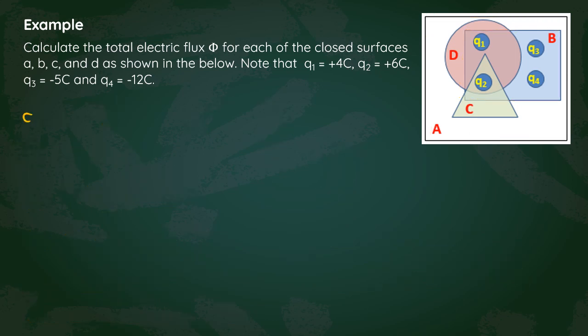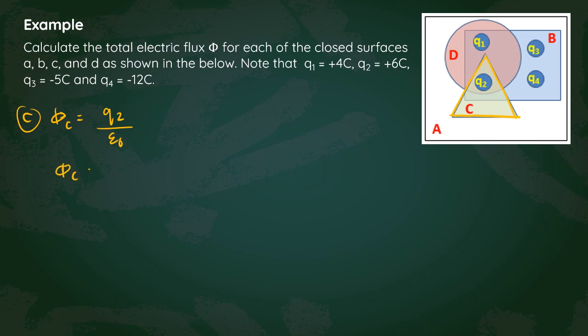For surface C, that's the triangle here. What's the charge enclosed in that Gaussian surface? It's just charge 2 divided by the permittivity of free space.